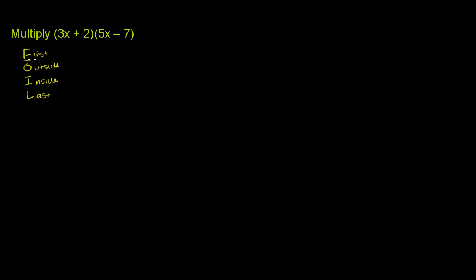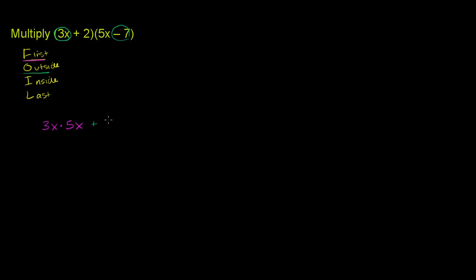So first says just multiply the first terms in each of these binomials. So just multiply the 3x times the 5x. So 3x times the 5x. The outside part tells us to multiply the outside terms. So in this case, you have 3x on the outside, and you have negative 7 on the outside.